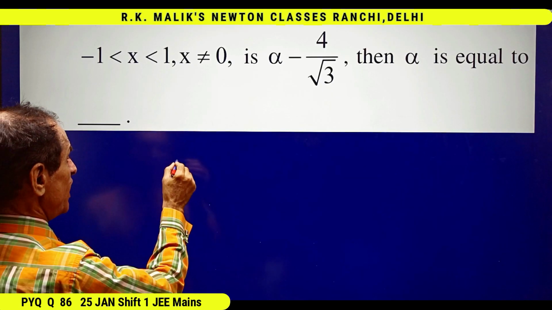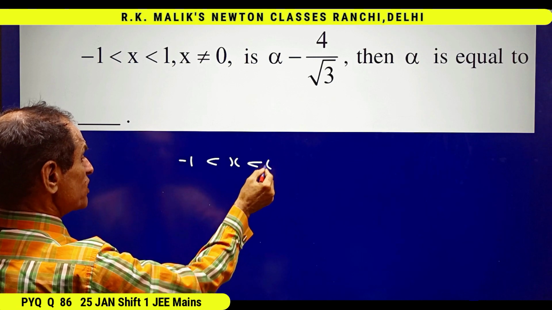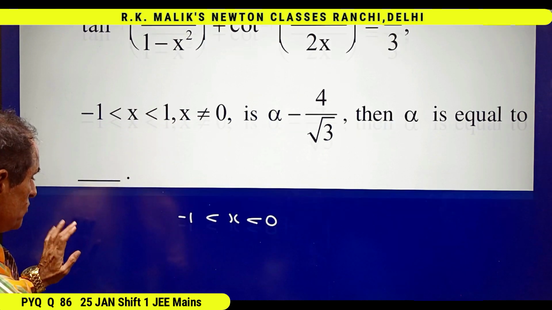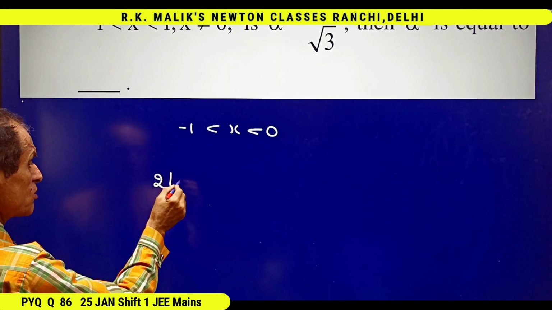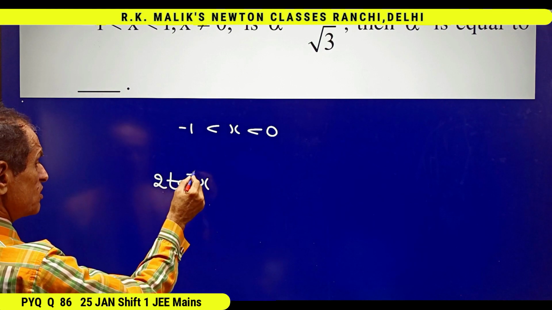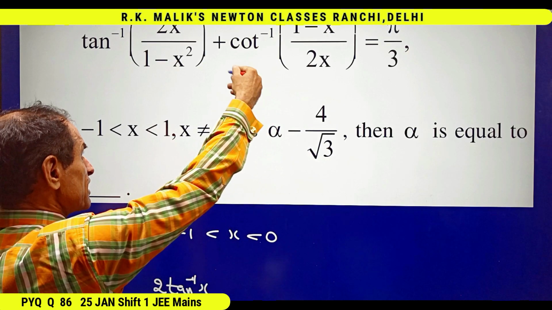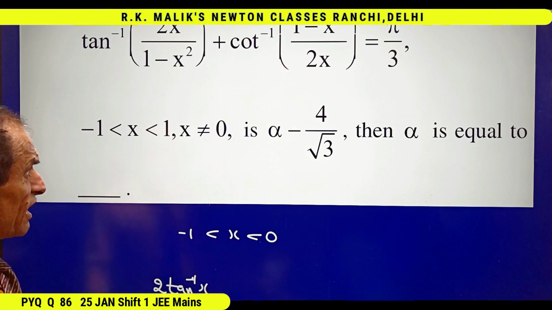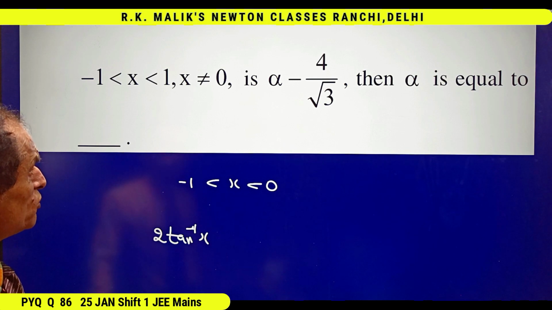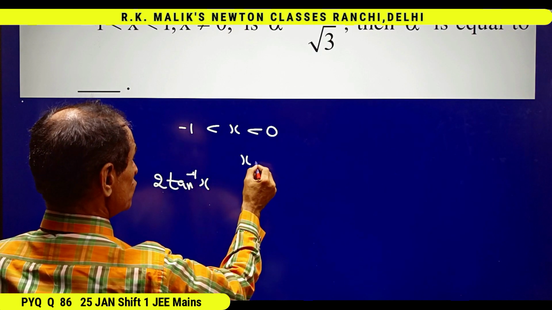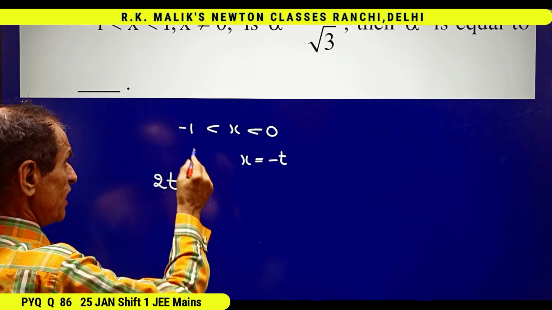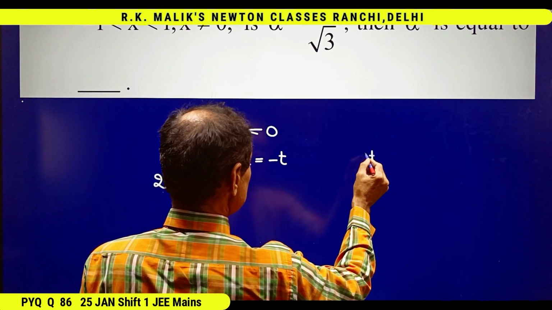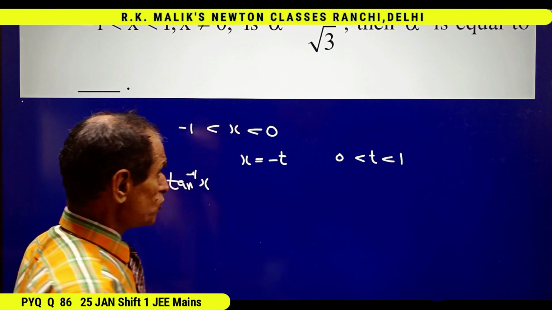Similarly, take the next case when x lies between -1 and 0. The first part will become 2 tan inverse x. But this cannot be written as tan inverse this upon this because x is negative. Therefore, what trick I use? I take x equal to minus t, and because x is lying between minus 1 and 0, therefore t will lie between 0 and 1.